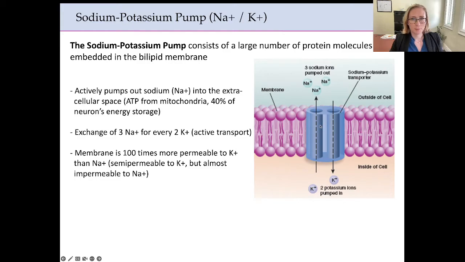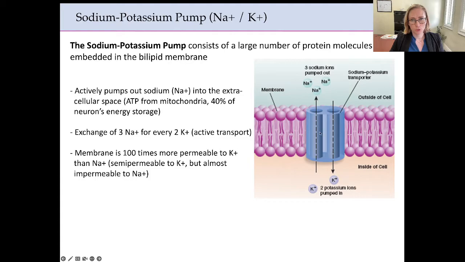This is an embedded protein, just like an ion channel, but this is a very special one. It's called the sodium-potassium pump. It allows the passage of two different ions. Specifically, it allows 3 sodium ions to exit the axon and 2 potassium to come inside. It's always going to have that 3-to-2 exchange.